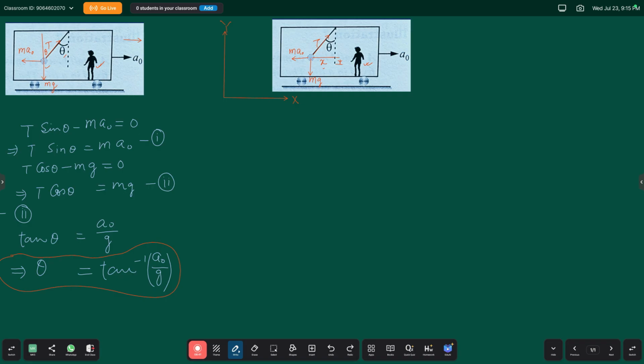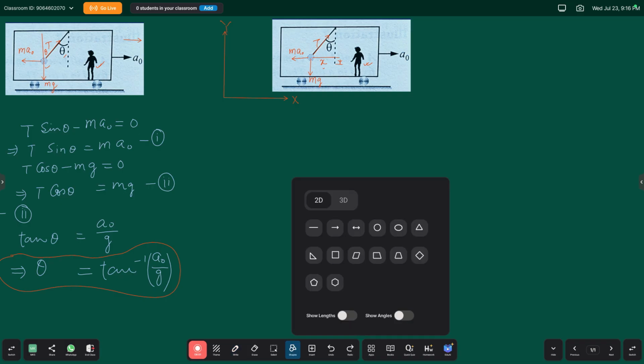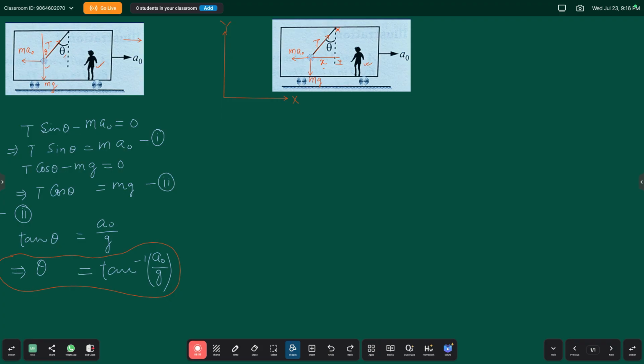If we say the length of the cord with which the bob is attached is L, how much will be this distance?